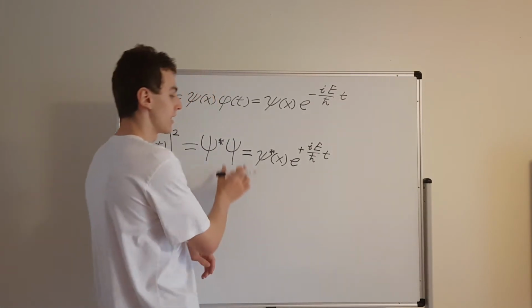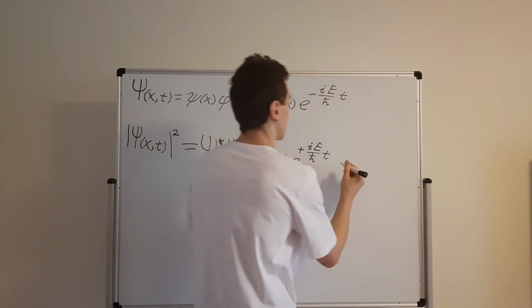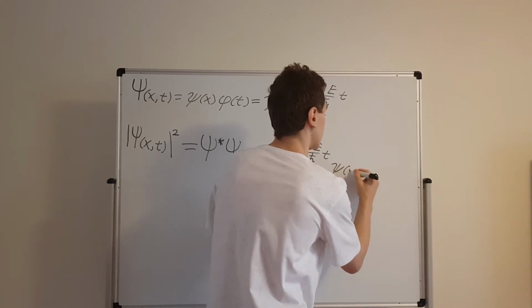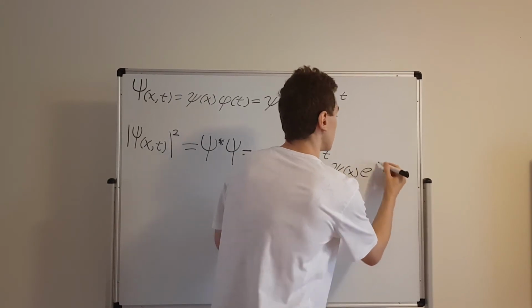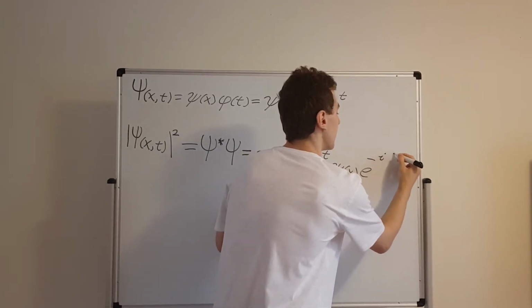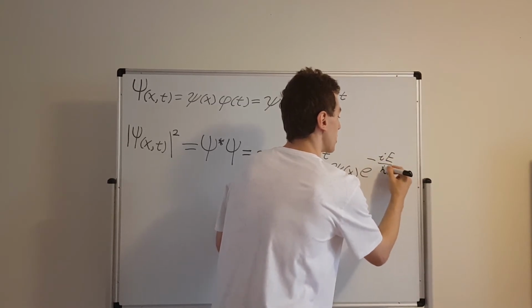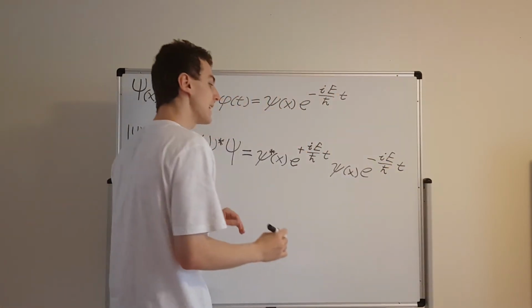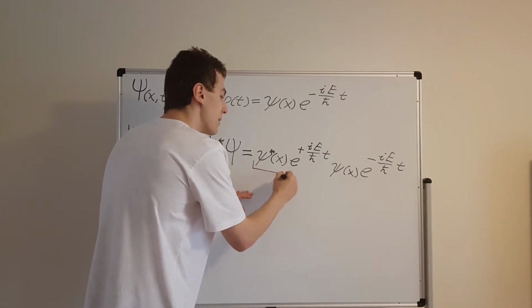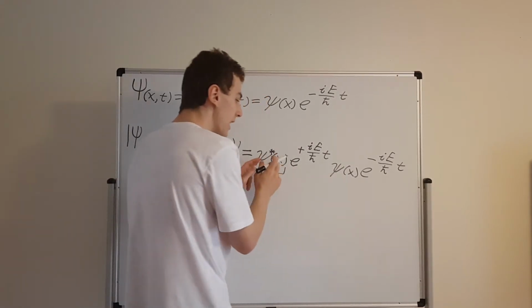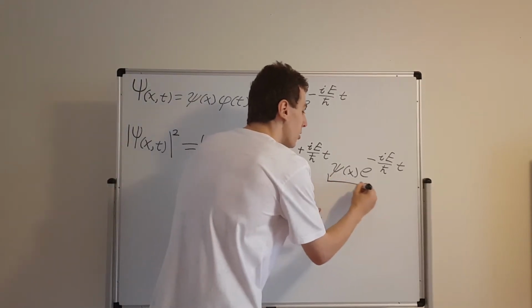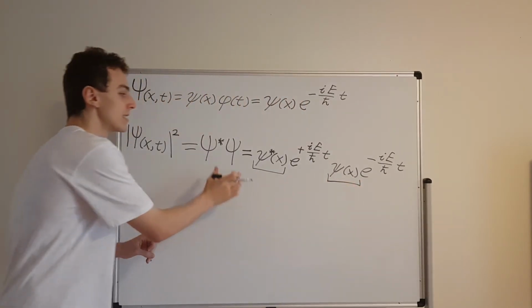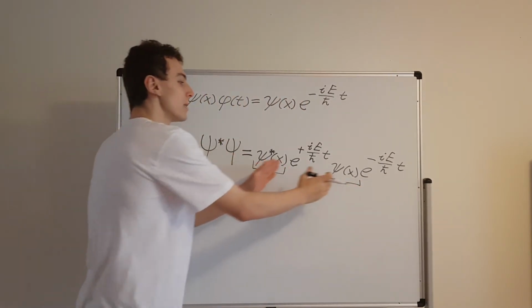Then what about this psi? Well, that's just going to be this. So we're going to have psi of x times e to the minus i E, and this is a capital E, over h bar t. And we can see that there is a pattern over here. This conjugated psi and this unconjugated psi are analogous to these guys over here, so we can group them together.